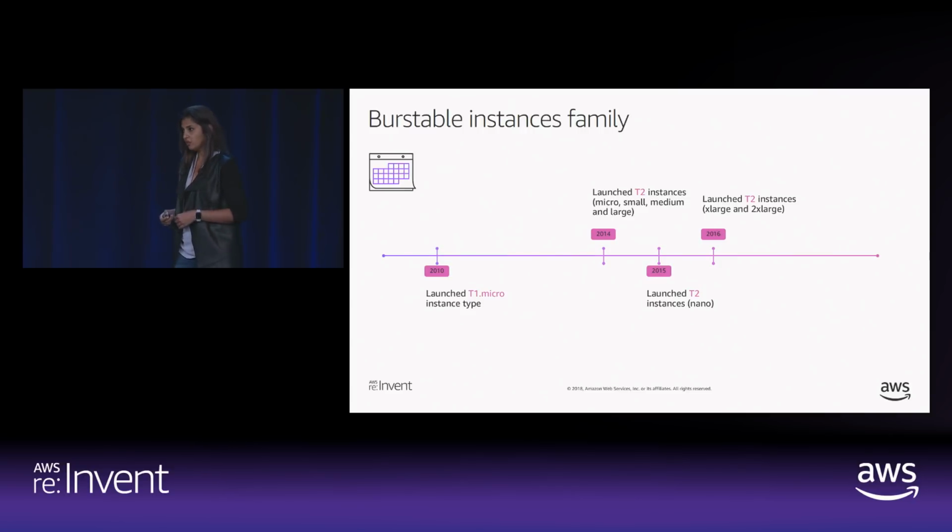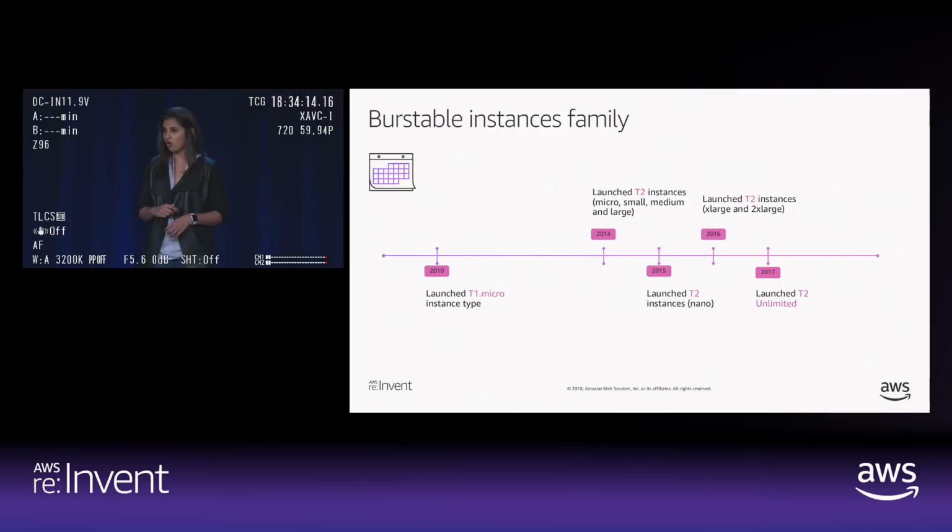With that feedback, we disrupted the market by launching a feature called Unlimited, which makes Burstable instances essentially indistinguishable for you and your general purpose applications. In Unlimited mode, you don't have to worry about CPU credits or keep tabs on them.